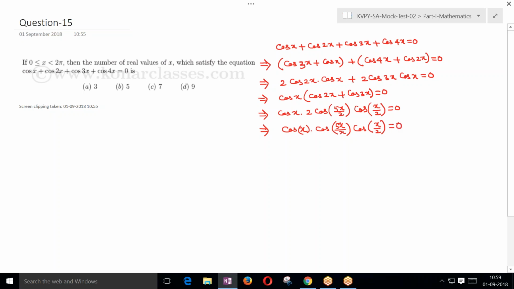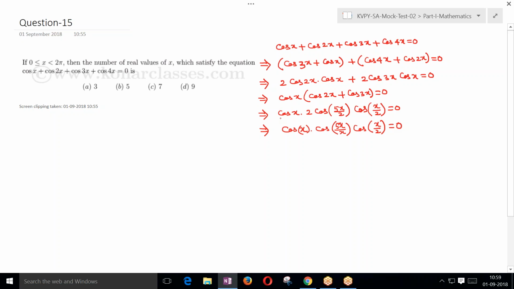So till this step it is a trigonometric function simplification. From the addition we reduced this to a multiplication. Why? Because we know that when x into y equal to 0, we can conclude either x equal to 0 or y equal to 0. Okay, fine.